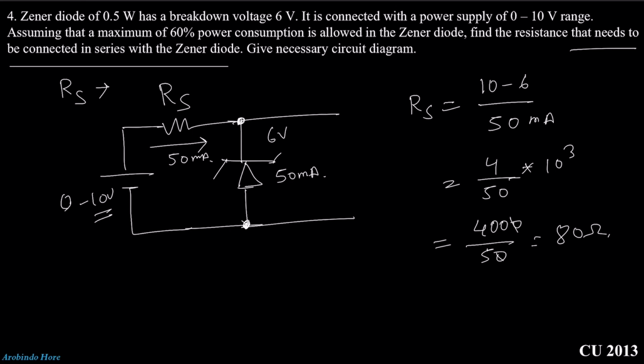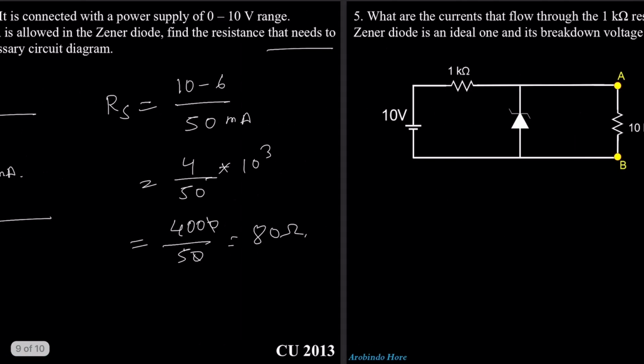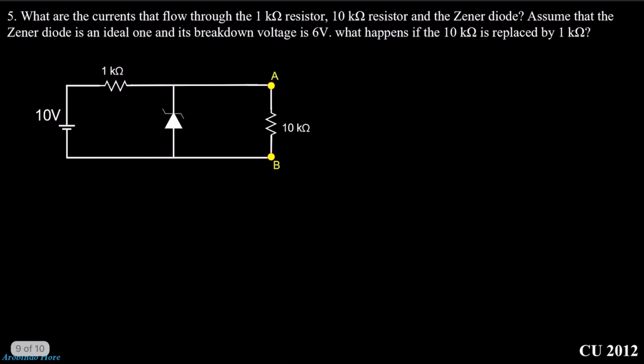Now go to the next problem. What are the currents that flow through the 1 kilo ohm resistance, the 10 kilo ohm resistance and the Zener diode? Find out the voltage. This problem is exactly the same as the first problem, so I will not go into much detail, just do the calculation. This voltage is 6 volt, as this is a 6 volt Zener diode. So the load current will be 6 by 10k equal to 0.6 milliampere.